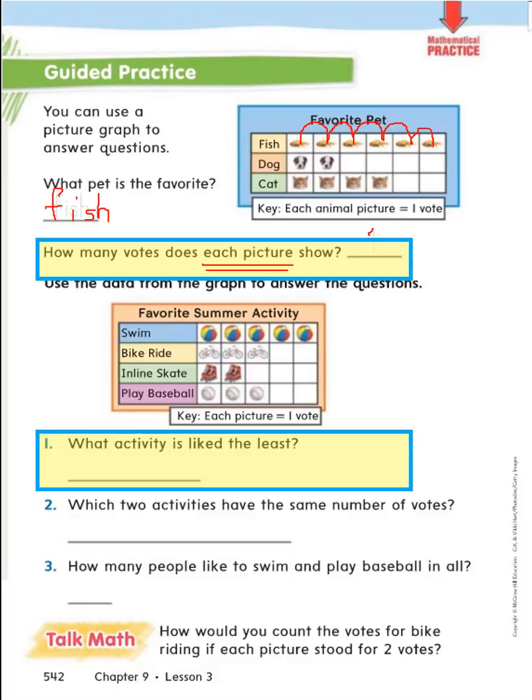The correct answer is 1. How do you know that? You know it from the key. Each picture equals 1 vote. Okay, now let's move on.